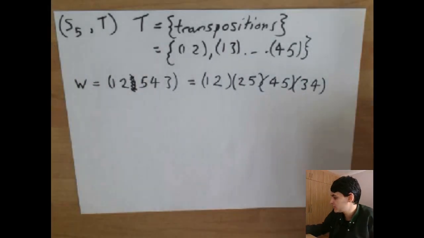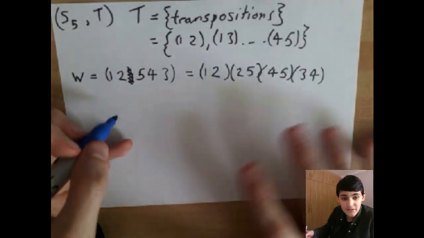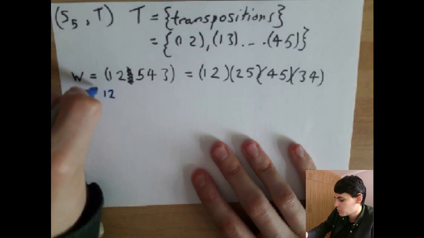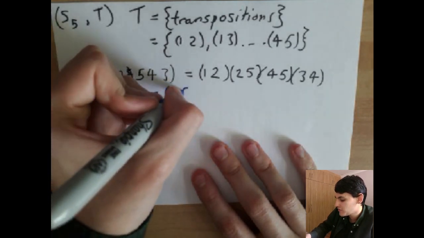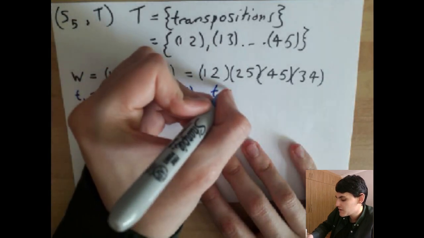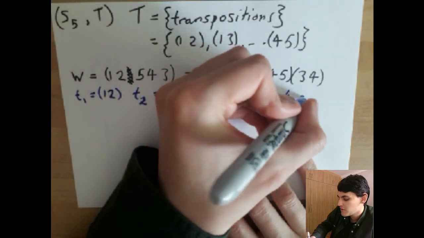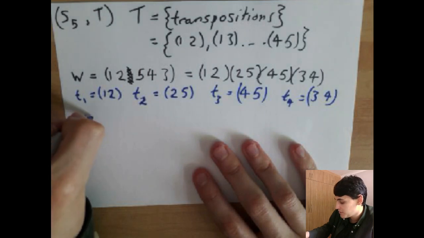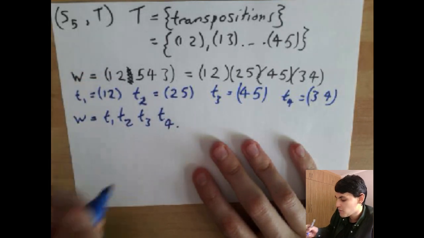I'm going to use blue for this. So first of all, let's have T1 equal to (1 2), T2 equal to (2 5), T3 equal to (4 5), and T4 equal to (3 4). So we have W equals T1 T2 T3 T4.